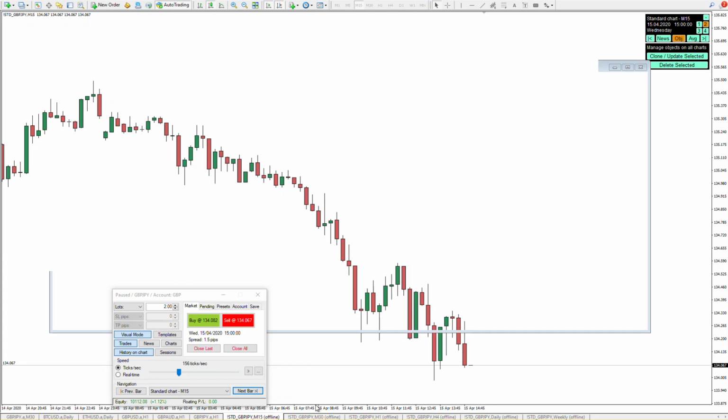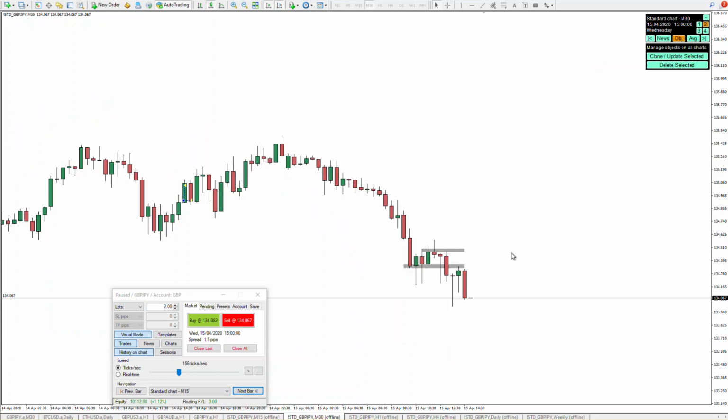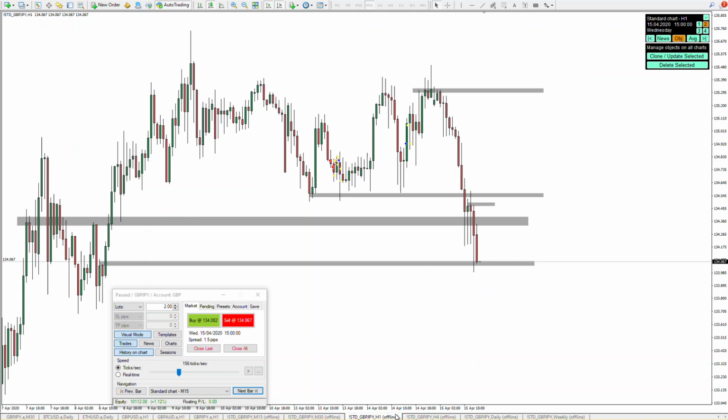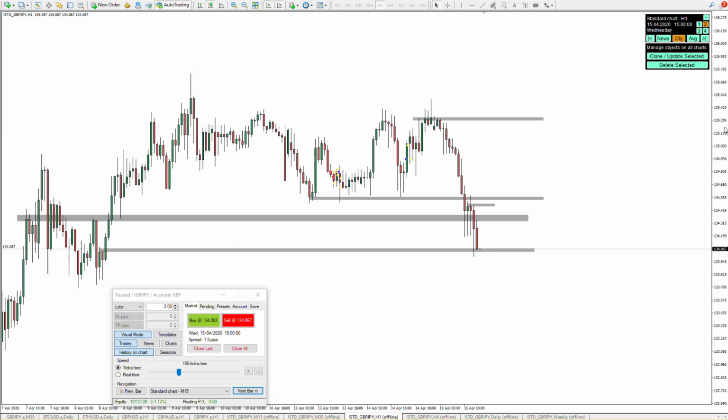Okay, M30 closed, New York open. Closed below this bullish candle. M1 closing, strong bearish. It's almost no wick at the bottom.